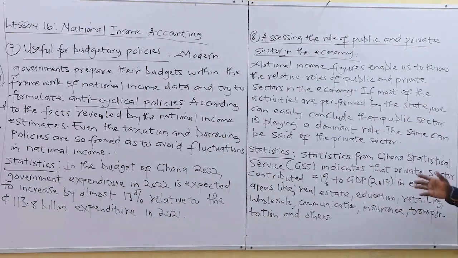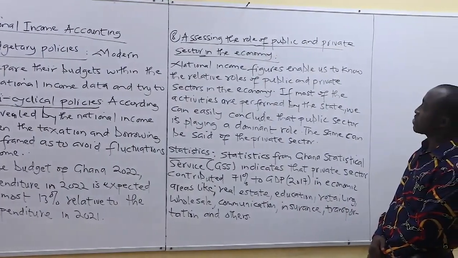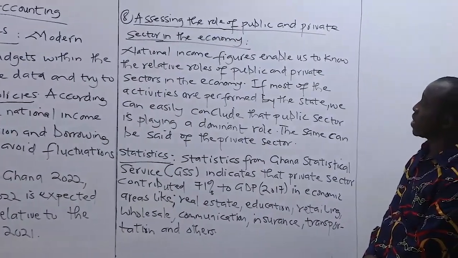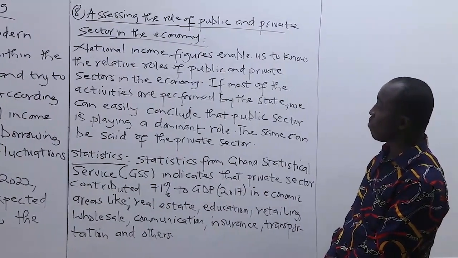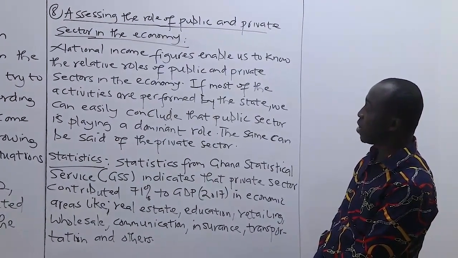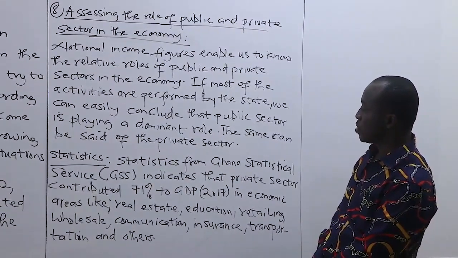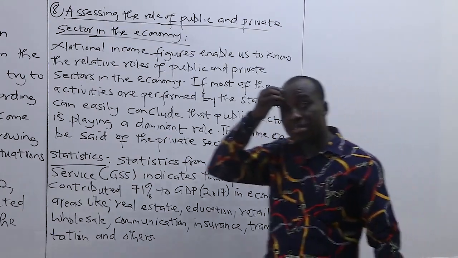The eighth and last point: assessing the role of the public and the private sector in the economy. National income figures enable us to know the relative roles of the public and private sectors in the economy. If most of the activities are performed by the state, we can easily conclude that the public sector is playing a dominant role. The same can be said of the private sector. So we can know which sector is which in the country.